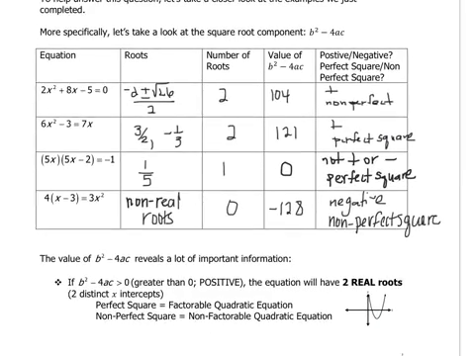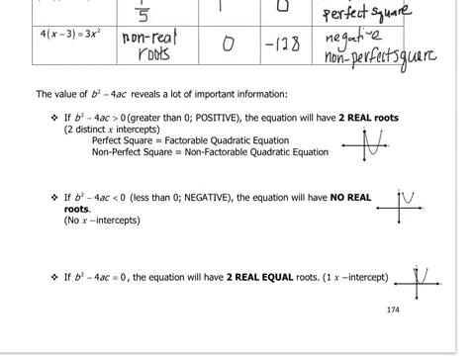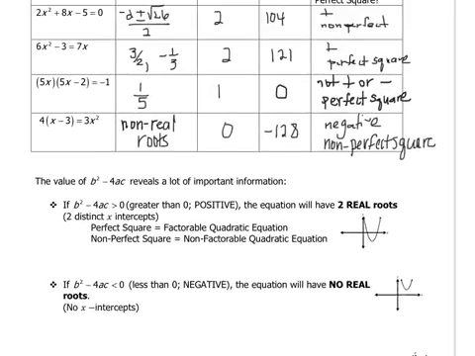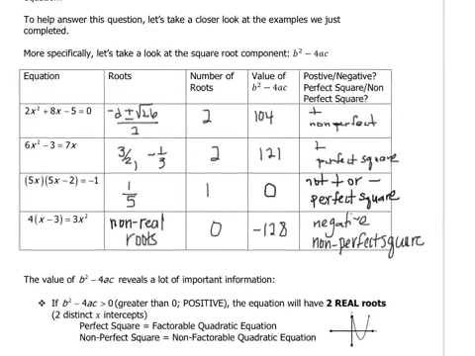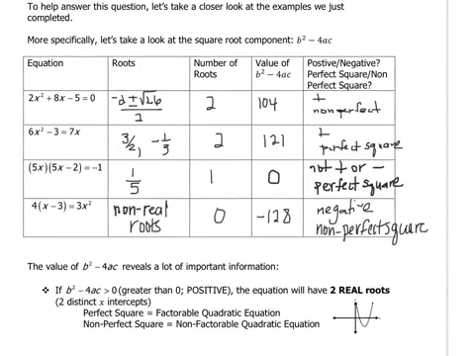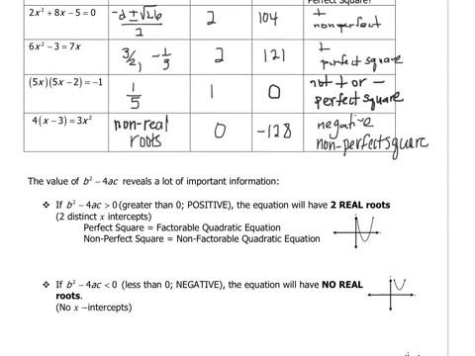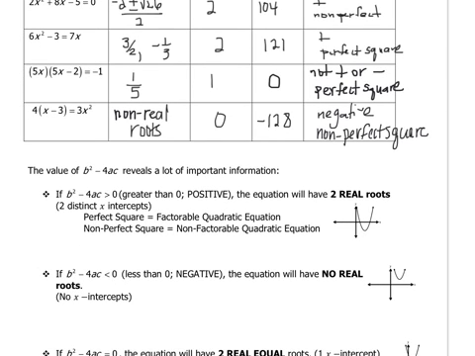So the value of b squared minus 4ac reveals a lot of information about the types of roots we're going to get. If you look back at our samples there, anytime the value of b squared minus 4ac was positive, we ended up with 2 real roots. When it was negative, we ended up with no real roots.